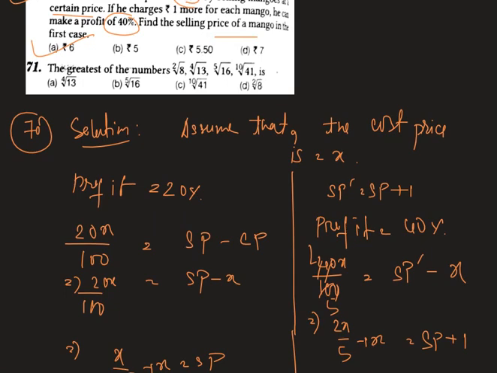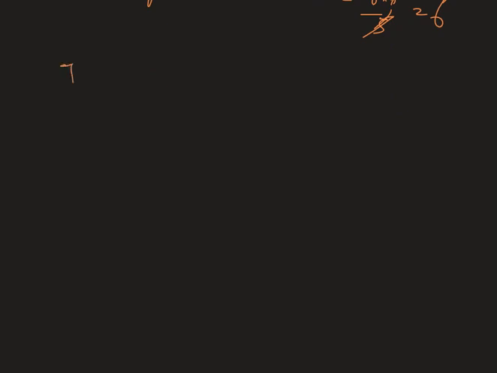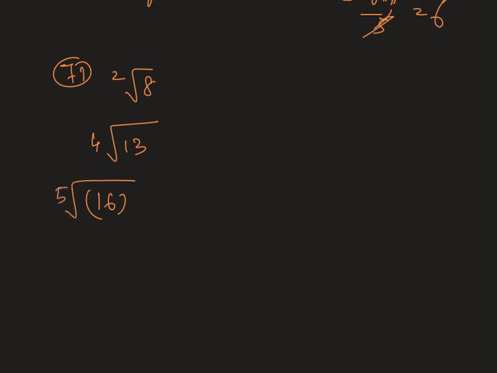We need to find the greatest among these 4 given roots. Okay, so first of all we have root 8, then root over 13 to the power 1 by 4, and again we have 16 to the power 1 by 5, and lastly we have 41 to the power 1 by 10.